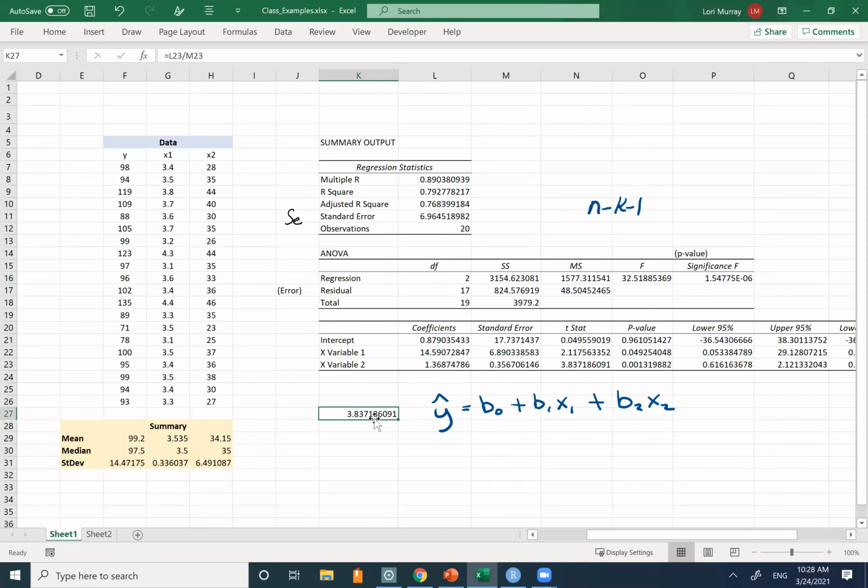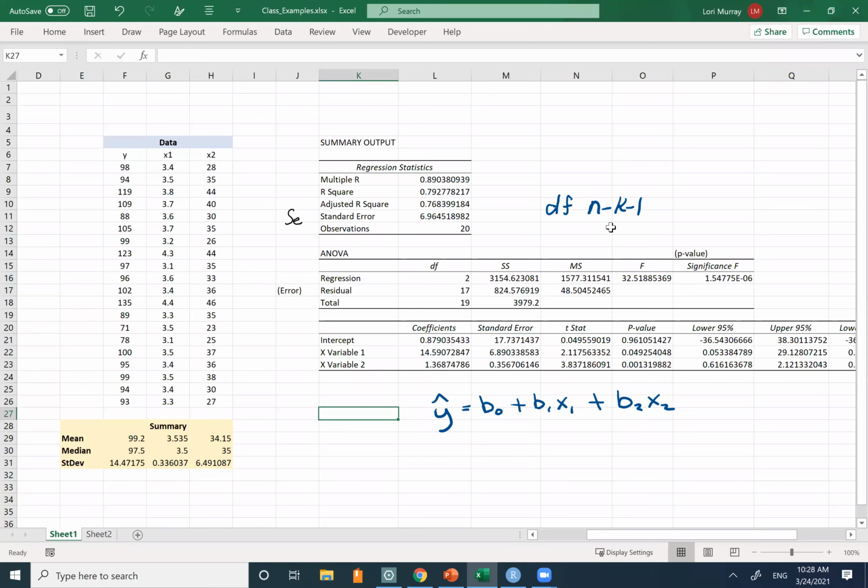And each one has n minus k minus 1 degrees of freedom. So this is the degrees of freedom for each of these variables. If you look those up, the degrees of freedom would be 17, right? 20 subtract 2, where k is the number of independent variables, and subtract 1.